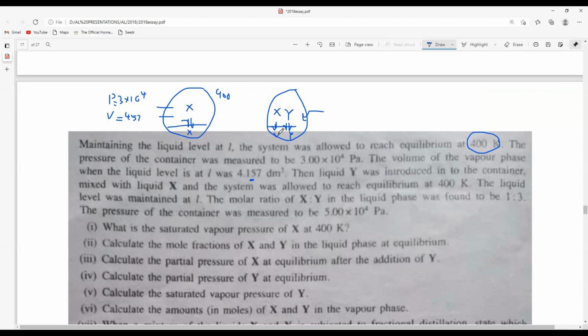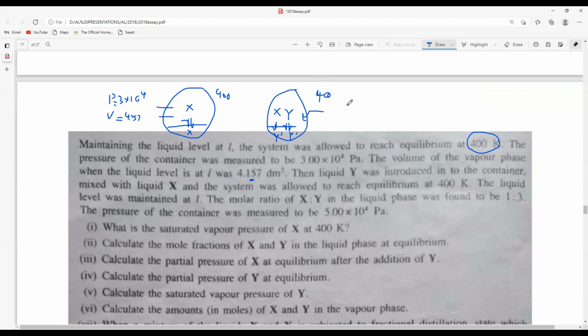There will be some amount of Y dash here, at equilibrium, just to show different moles. Sorry, so at 400 Kelvin again it was allowed to equilibrate, and again the same level is maintained, so we don't care about that.